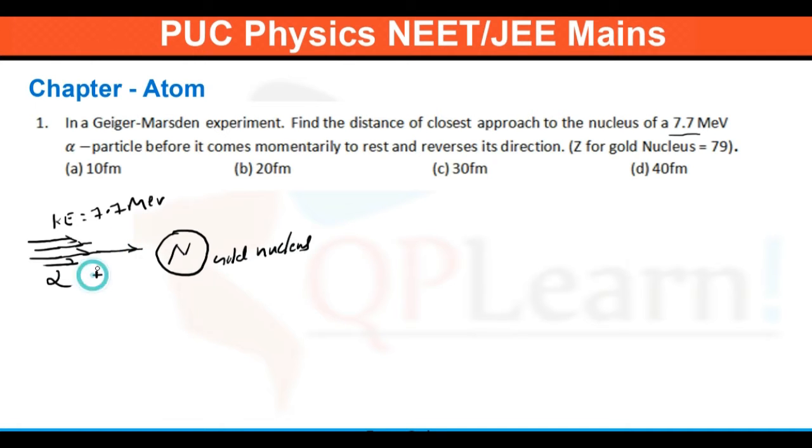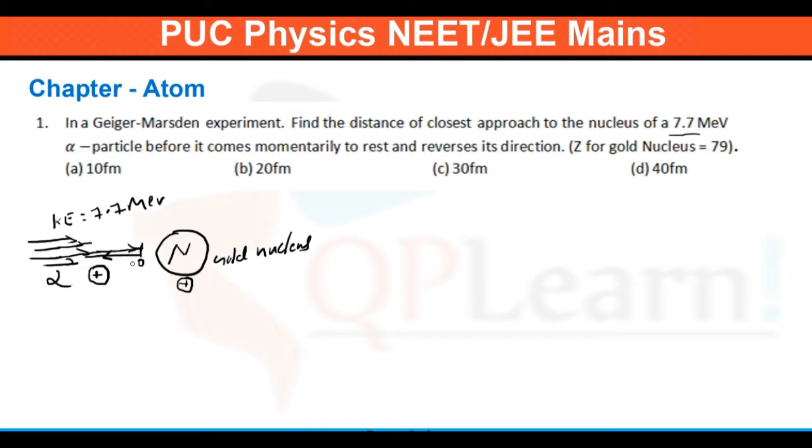The alpha particle is positively charged, and the nucleus also has positive charge, so positive-positive repulsion takes place. Due to repulsion, the alpha particle won't touch the nucleus. Its kinetic energy becomes 0 at a certain point, and after that the alpha particle retraces back.